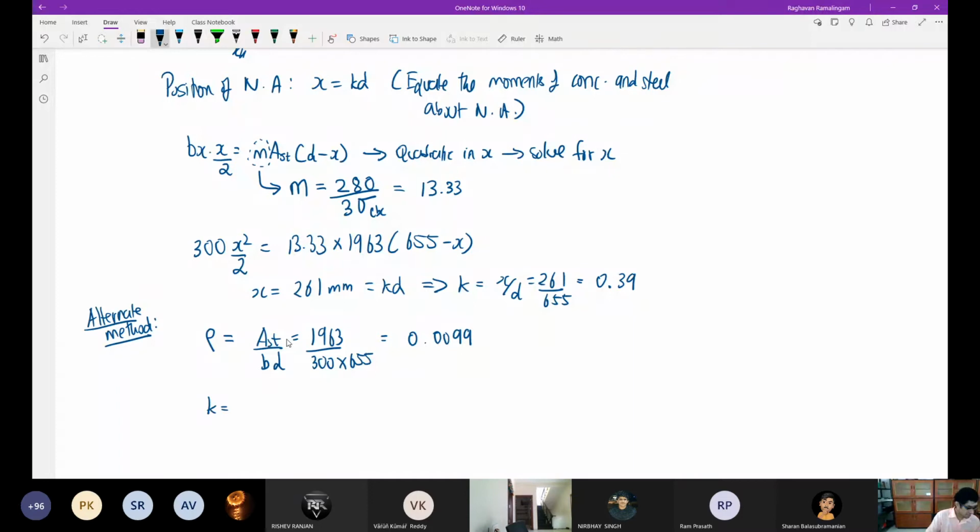If you are able to remember this, you can use this formula to find k. It's given as the square root of 2 rho m plus rho m whole squared, minus rho m, where m is this 13.33 modular ratio. If you want, you can use this formula. Just verify that you get almost similarly 0.39 with this.